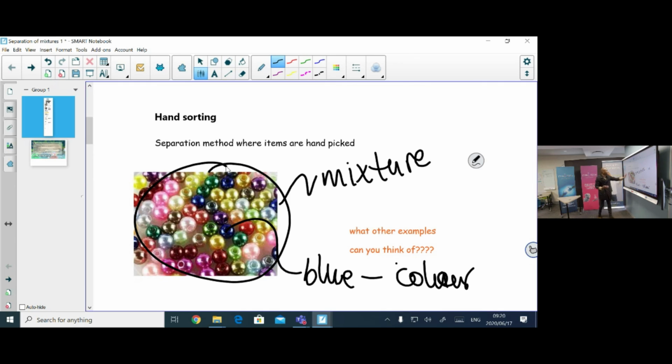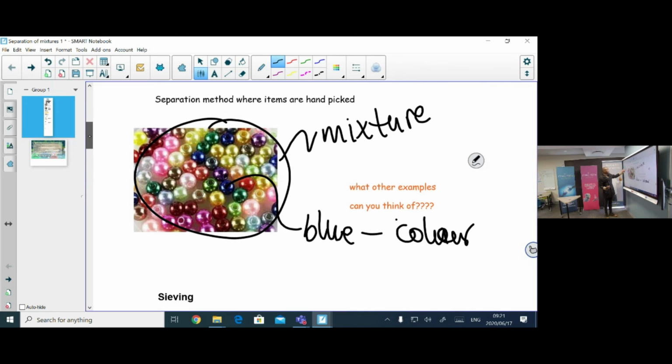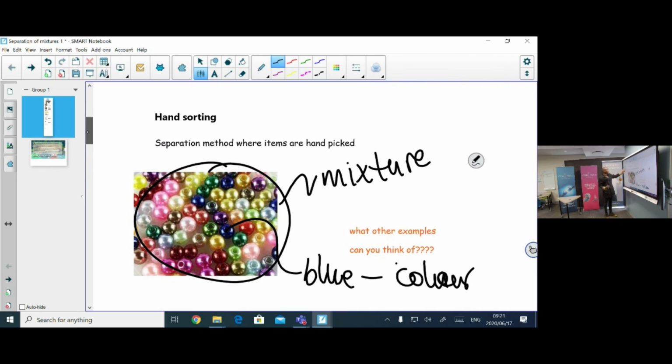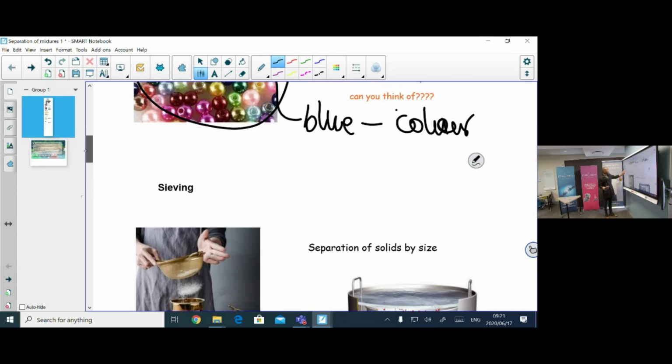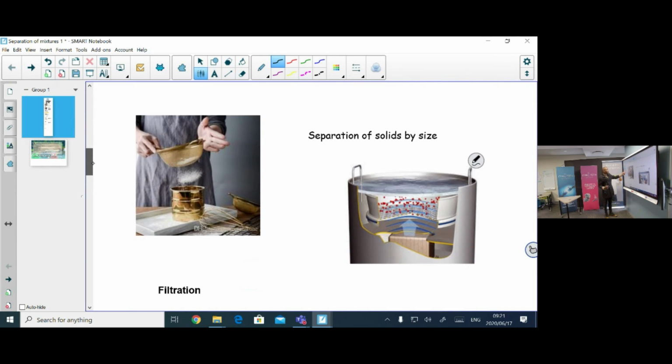You have squares and circles and stars and all these other shapes. So you're going to be hand selecting or hand sorting these and choosing one from another. And that's called hand sorting, right? Easy enough. You must have done this on numerous occasions. Let's look at another one.